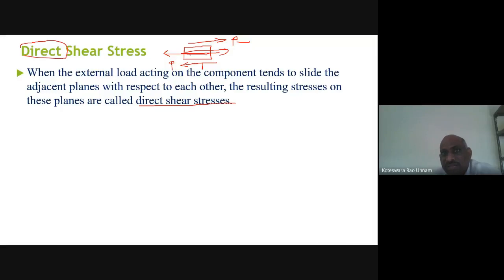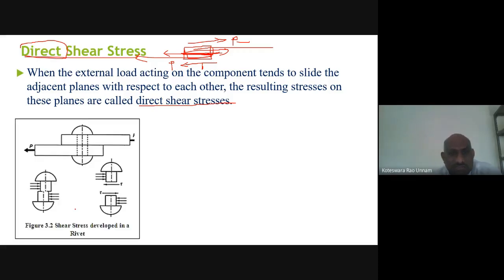So there is a relative sliding between these two layers. The upper portion will move to one side and the lower portion to the left side, so there may be a failure here. We'll call that a shear failure, and the stress induced by this kind of action a direct shear stress.